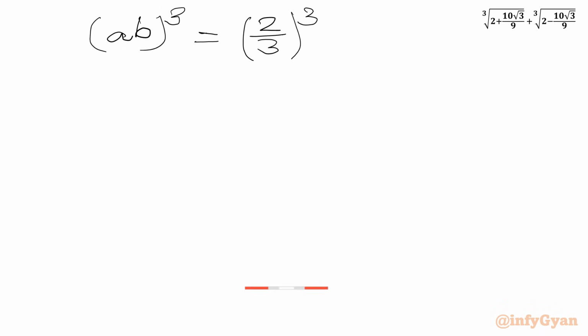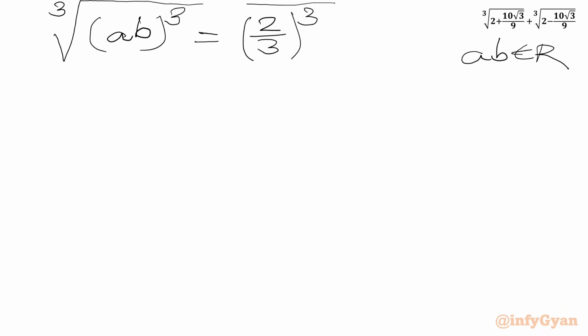I can write here AB whole cube equal to 2 over 3 whole cube. For AB belonging to real numbers, we will take the cube root on both sides. So cube root and cube will be over. We get AB equal to 2 over 3.